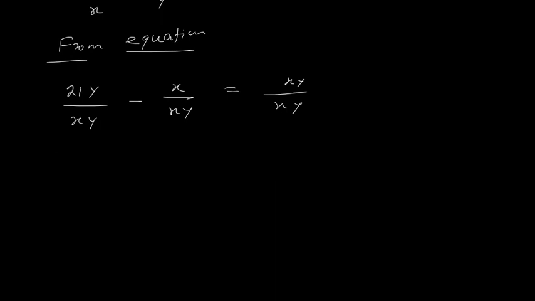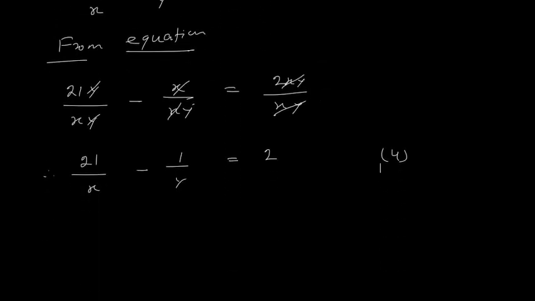So this xy term will cancel. Here y will cancel, here x will cancel. So I have therefore 21 upon x minus 1 upon y is equals to 2. This is our equation number 4.